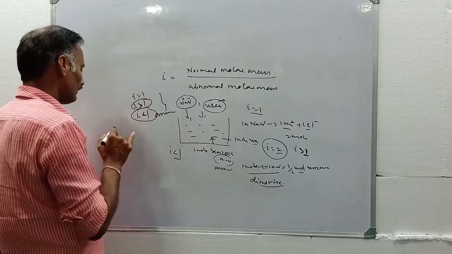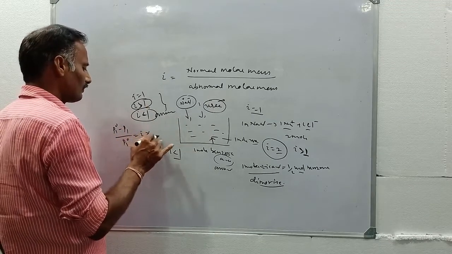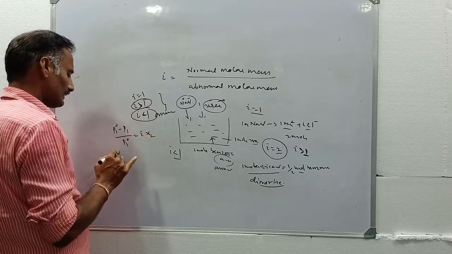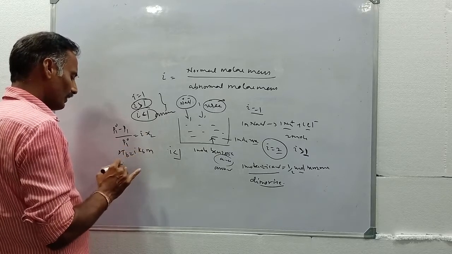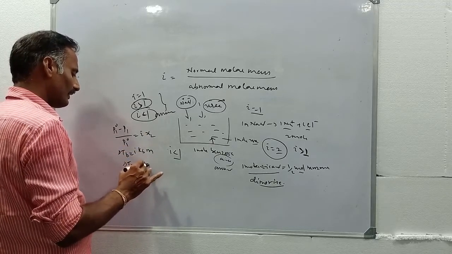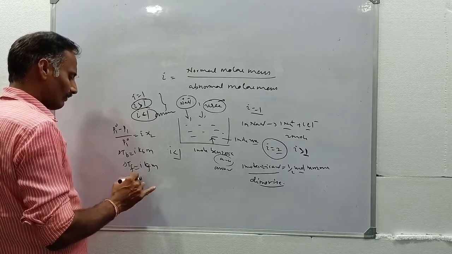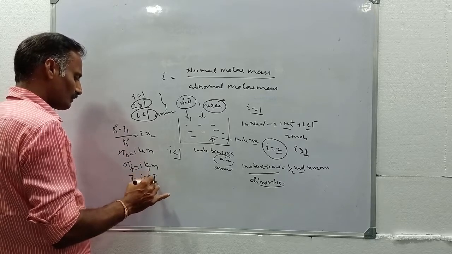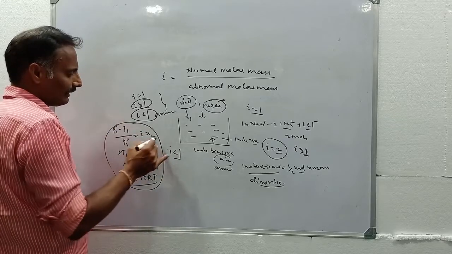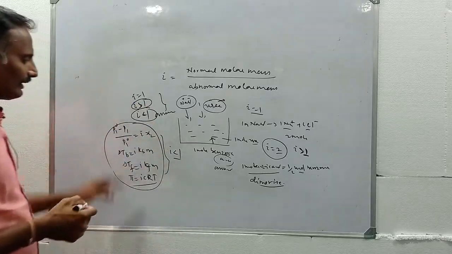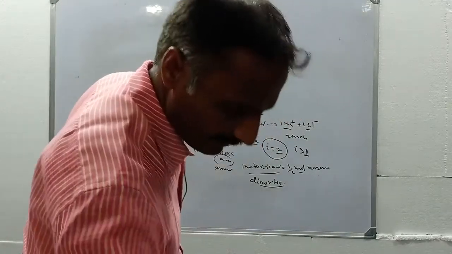That is, (P1 naught minus P1) by P1 naught equals i into X2; ΔTb equals i into Kb into m, the elevation in boiling point; ΔTf equals i into Kf into m, the depression in freezing point; and π equals i into C into RT, this is called osmotic pressure. By introducing the van't Hoff factor i, these equations are modified, where i indicates the van't Hoff factor, and it is applied when a solute undergoes association or dissociation.